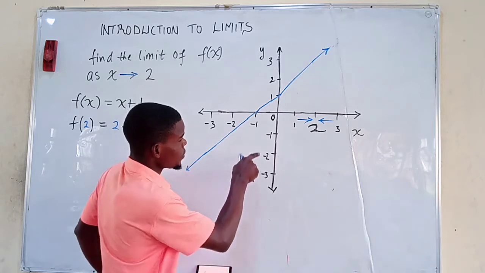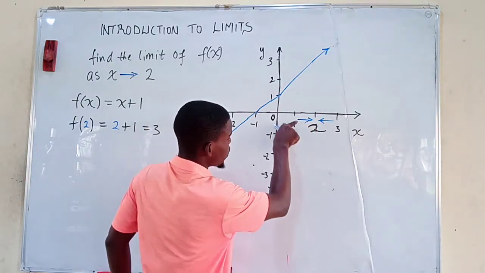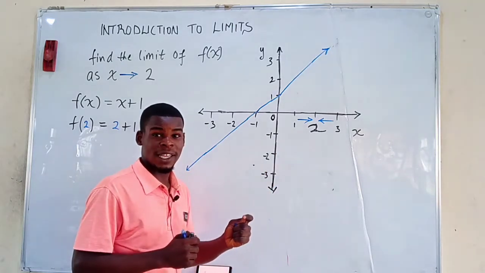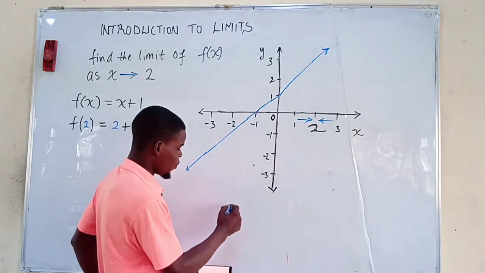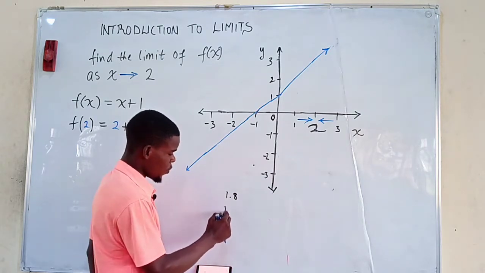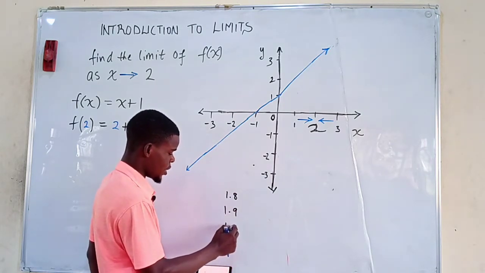As we get closer to 2 from the left, we should be talking about numbers that are closer to 2 from the left. For example, 1.8, 1.9, 1.99.